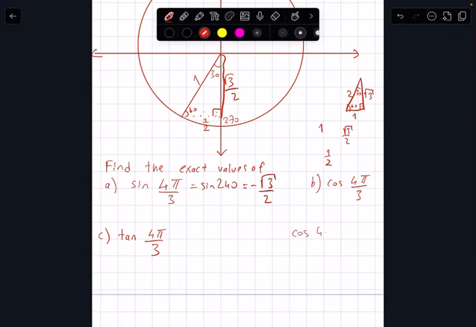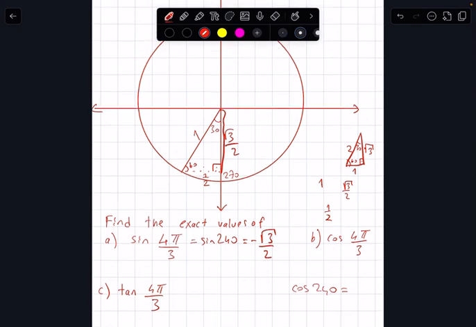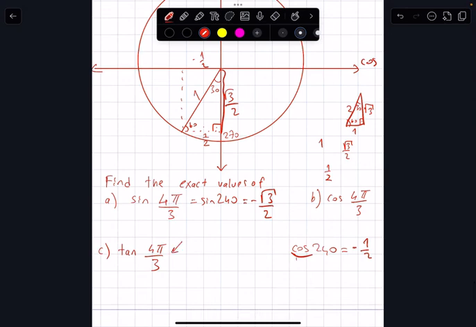Cosine 4 times 180. It's the same thing, 240. Cosine 240 is equal to, let's draw 240, we derive it. Then let's look at the reflection on the x-axis, y-axis, because this is cosine, which is equal to negative 1 over 2. Now, moving on to tangent. How are we going to do it without the calculator? Sine 240 divided by cosine 240.